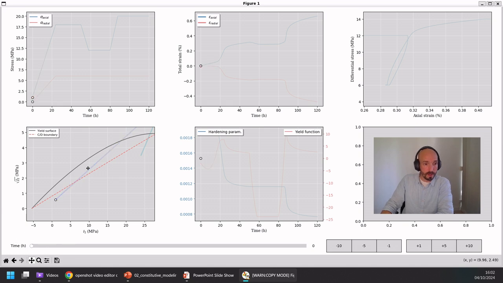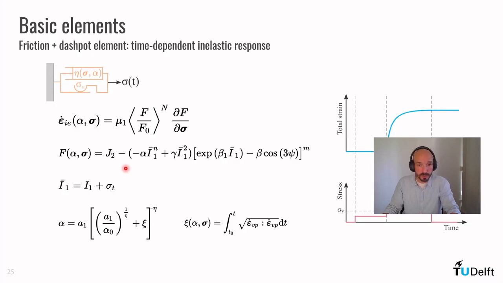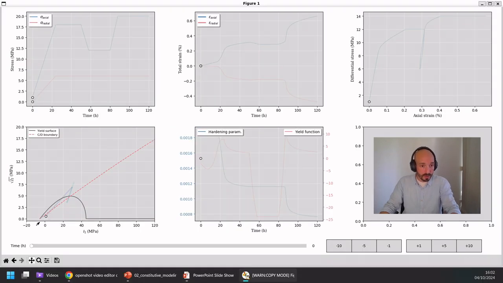Now, this gray curve here represents the yield surface. The yield surface is given by this expression here. So if we make this expression equal to 0, when this yield function equals 0, it defines the yield surface. So along this gray line, we have the yield surface.